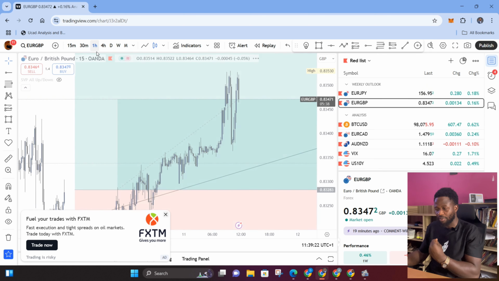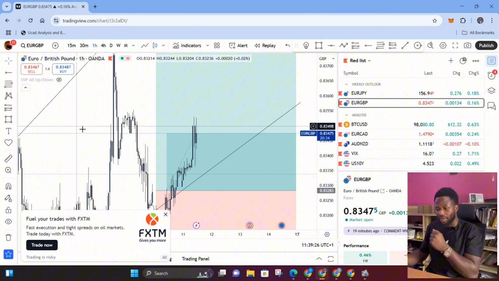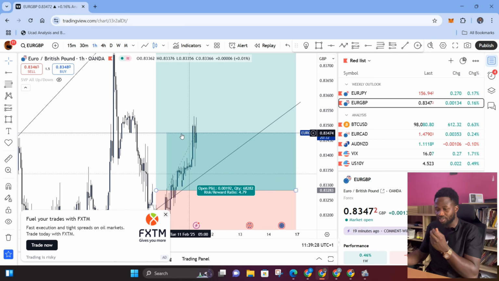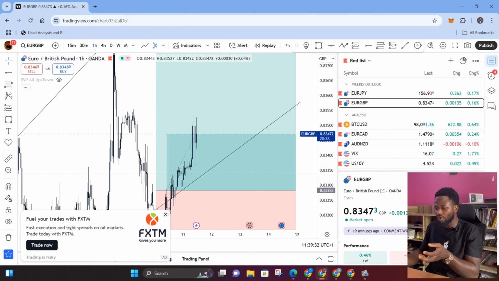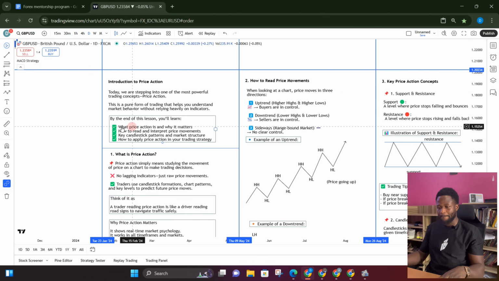I've taken partial, to take partial means to take some of your money out. I've taken about $40 off this because I'm using a very small lot size to trade it, and all of this was just achieved by understanding the concept of what we call price action. Simple as that. So let's get into it.